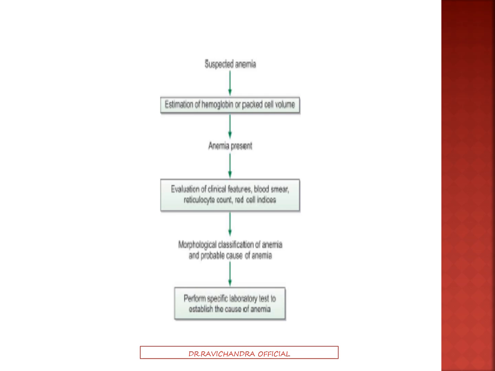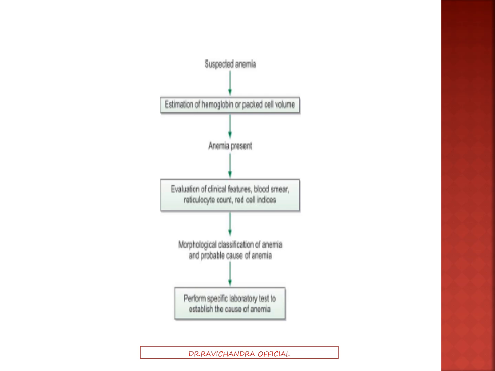Then you have to check for the signs, symptoms, peripheral blood smear, reticulocyte count, red cell indices MCV, MCH, MCHC, and even red cell distribution width. Then you have to do the morphological classification of anemia and probable cause of anemia.